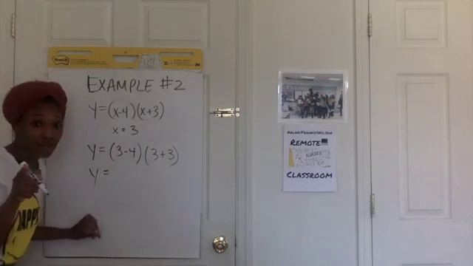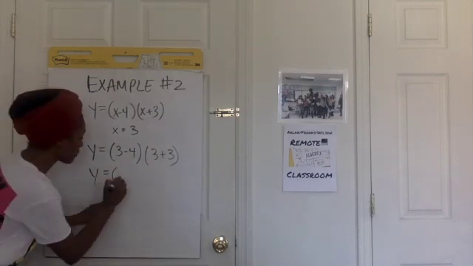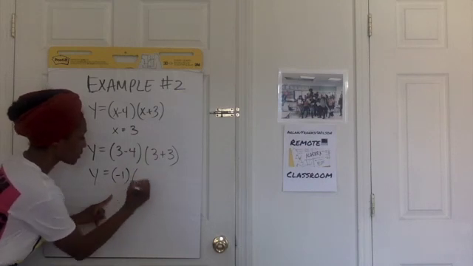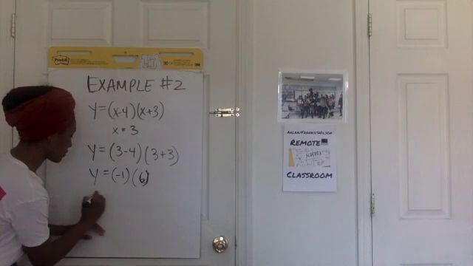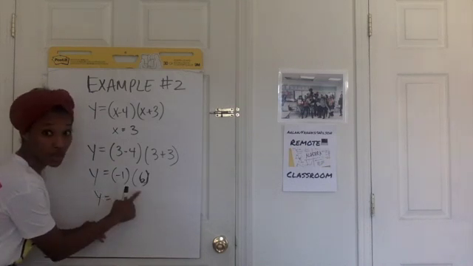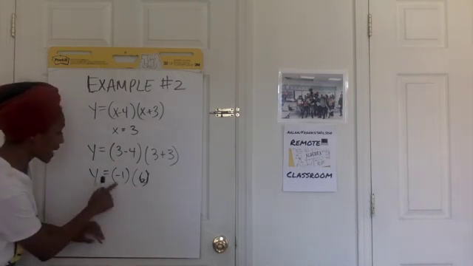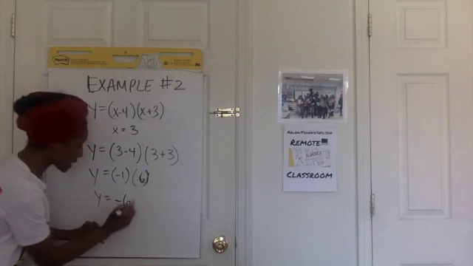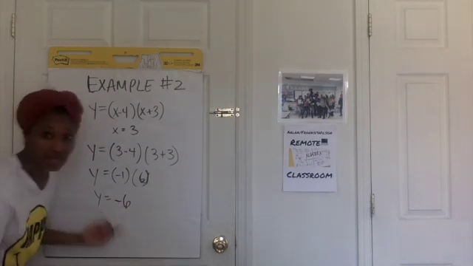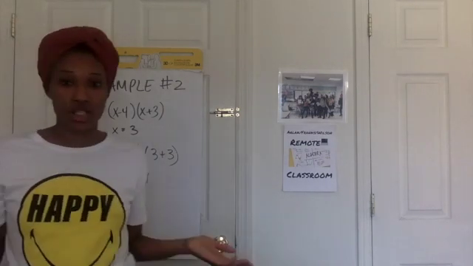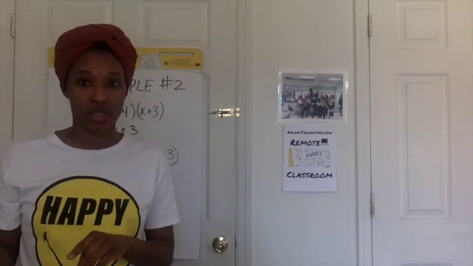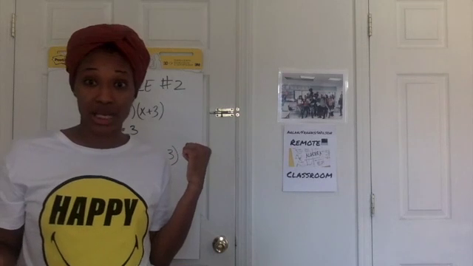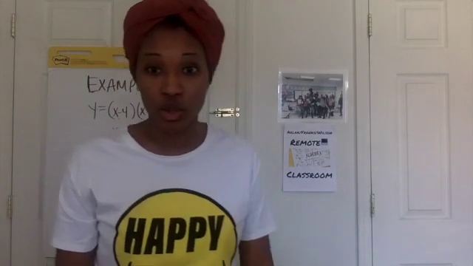Now I need to do some math. 3 minus 4 is -1, and 3 plus 3 is 6. And then I need to do -1 times 6, which is -6. That means that x equals 3 is not a solution, because in order to be a solution, the y value has to be 0. So in both of the examples that I did, neither x value was a solution.